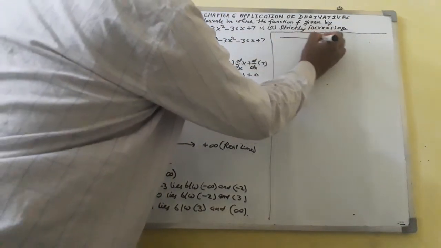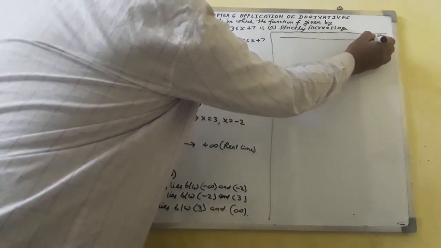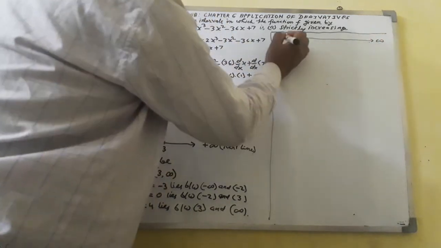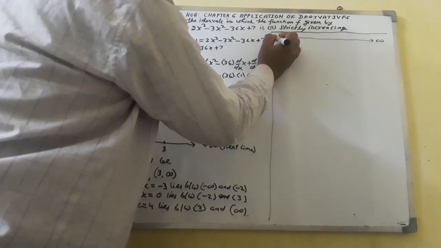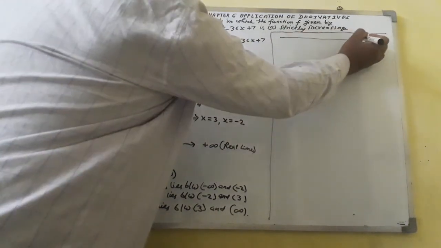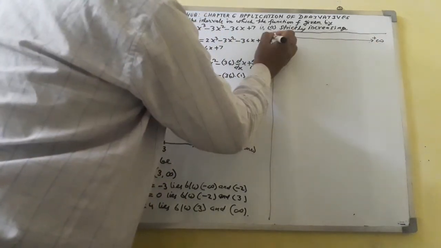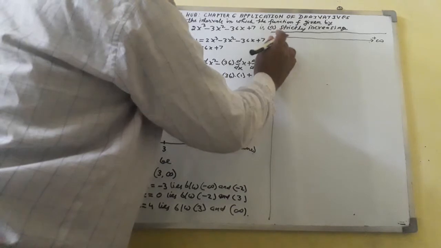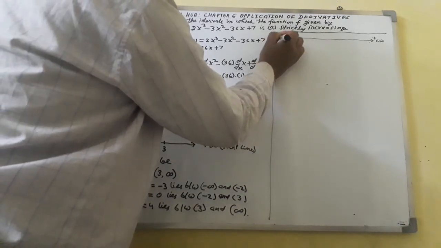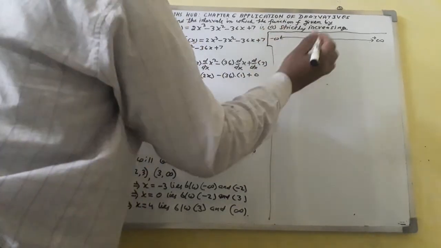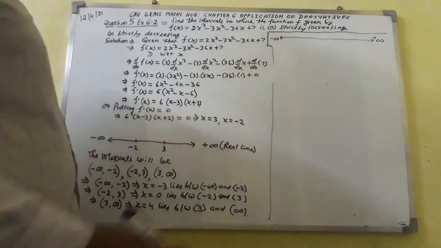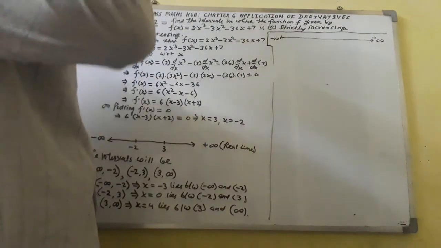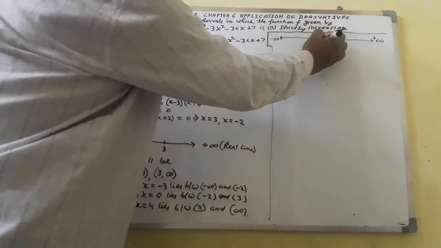This is the number line, which goes up to plus infinite on one side and minus infinite on the other.